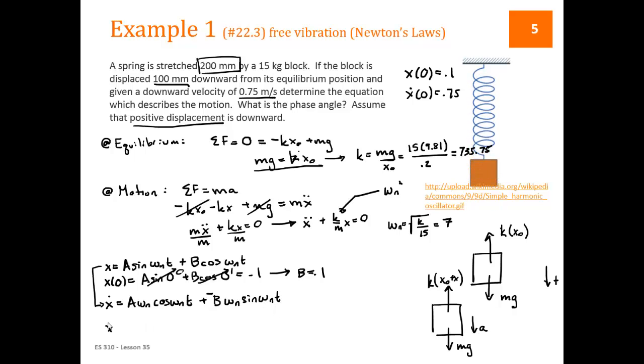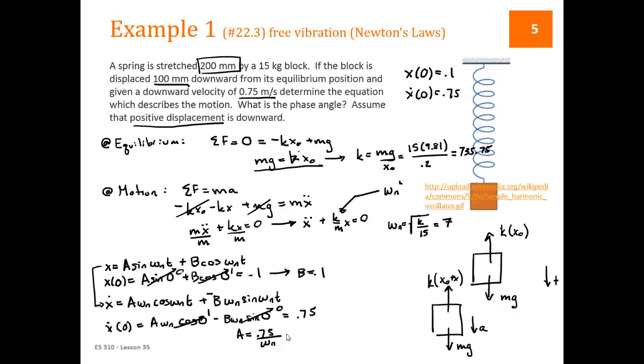And we're going to plug in x dot of 0, so a omega n times cosine of 0 minus b omega n sine of 0. This is 0, this is 1, and this is equal to 0.75. So a is equal to 0.75 divided by omega n, and omega n is 7, so this is equal to 0.107.